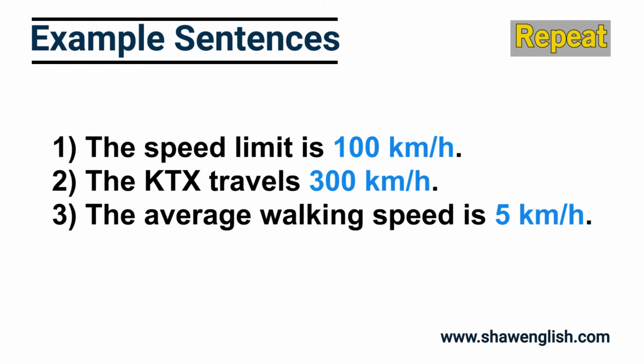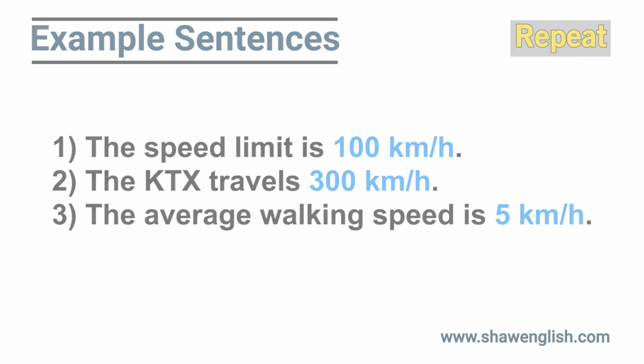And the last example, the average walking speed is 5 kilometers per hour.